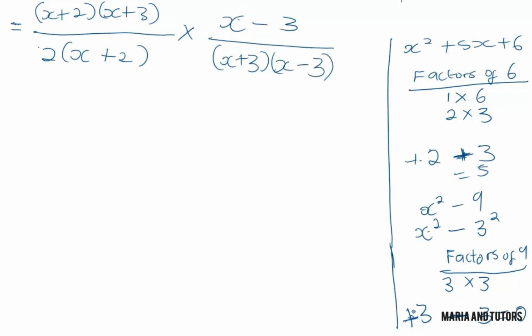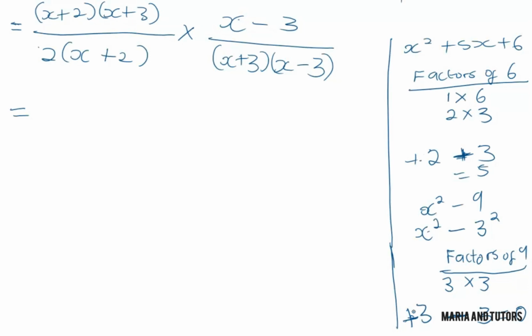Now that we have factorized the expressions from the numerators and denominators of our two fractions, we can multiply the two fractions. The numerator of the first fraction will be multiplied by the numerator of the second fraction, and the denominator of the first fraction will be multiplied by the denominator of the second fraction.